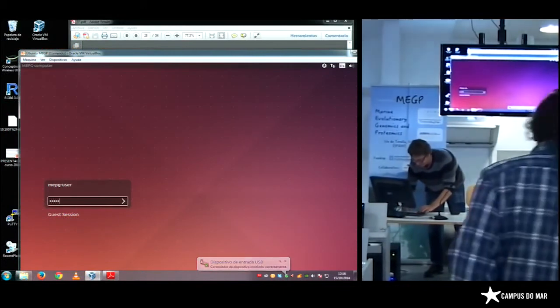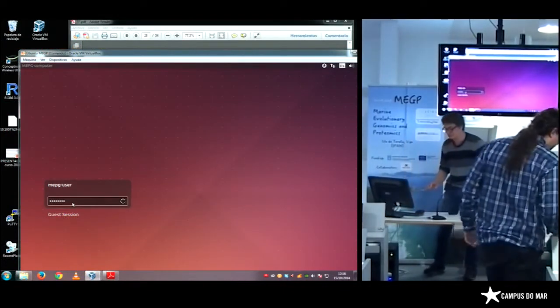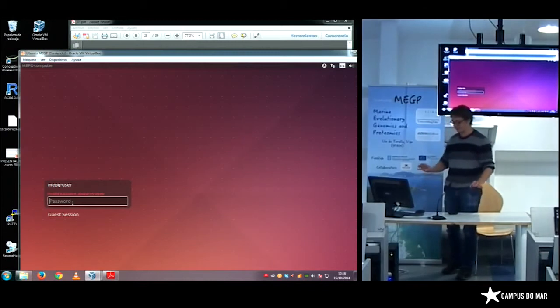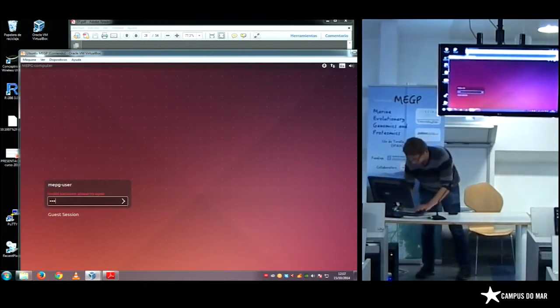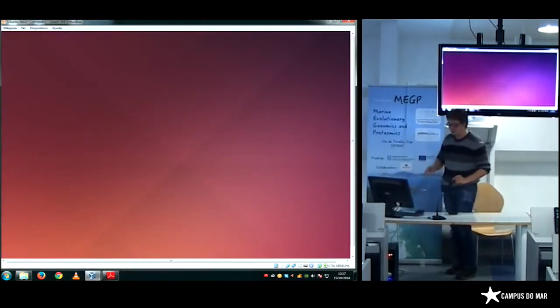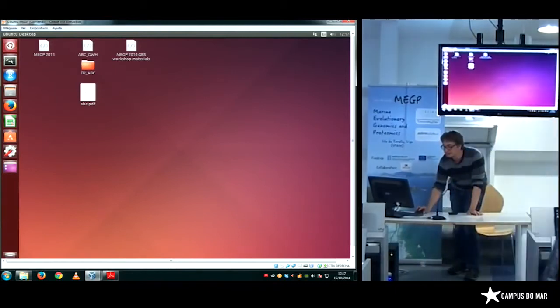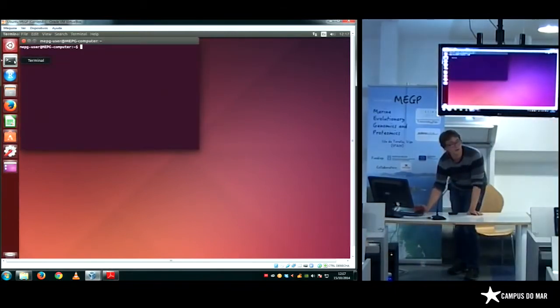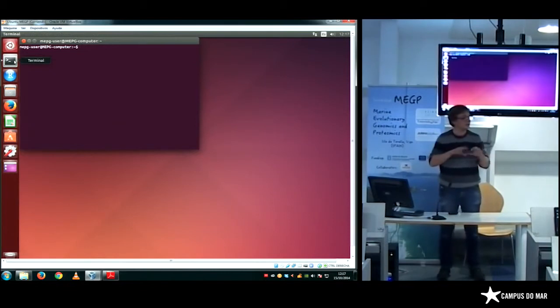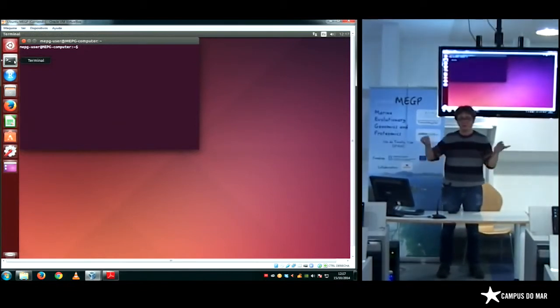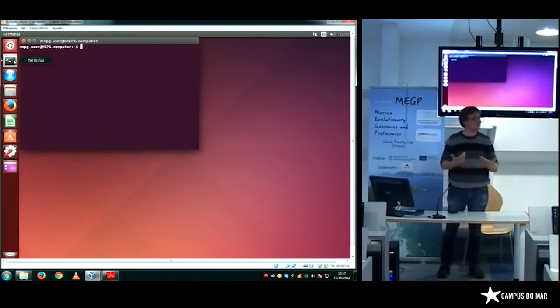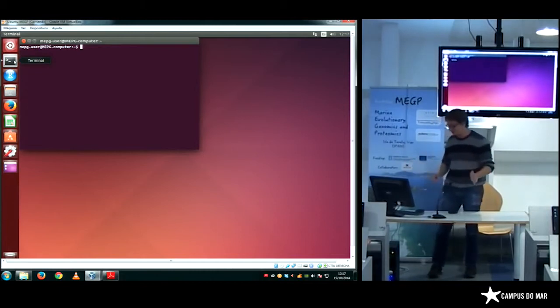So to begin with, I'm going to start. Okay. So we are in Ubuntu, and you open this, the terminal. Okay. And basically, we are going to put all the command lines, and I'm going to explain, if I can, what the command lines mean.